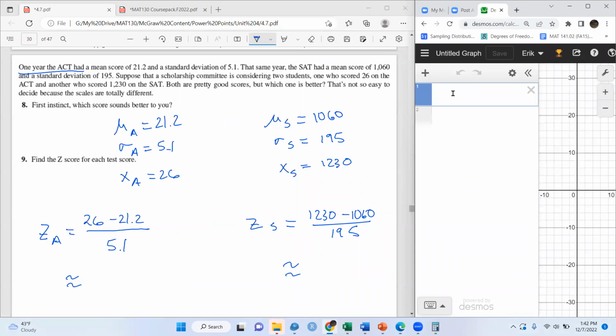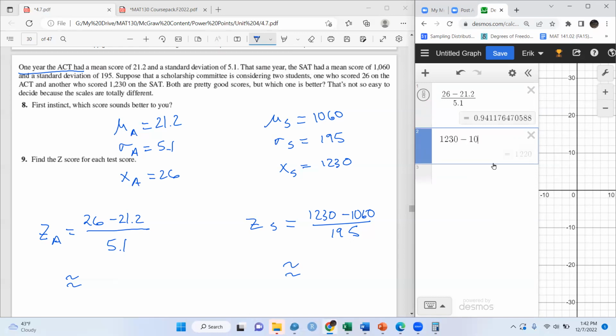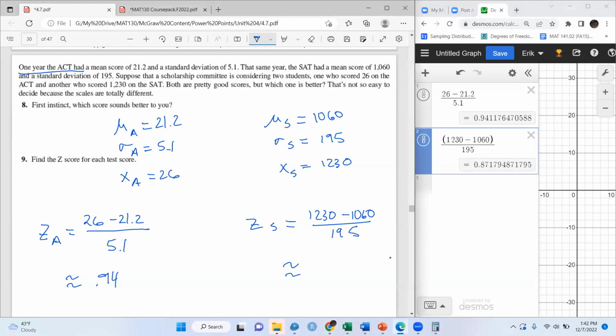One of the nice things in Desmos is you can create the fraction if you just hit the division button, and that will help avoid some of the calculator entry errors. There's our ACT z-score. There, I forgot to put it. And there is my SAT z-score. So 0.94, 0.87.